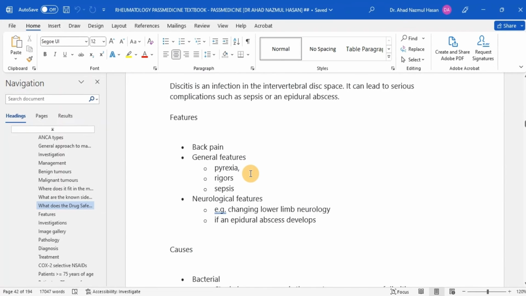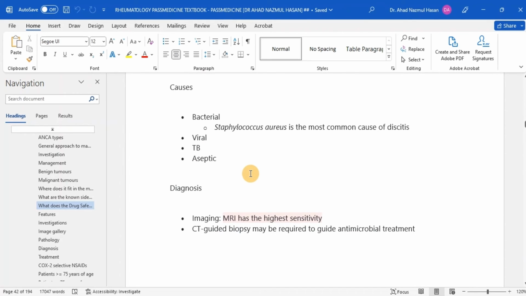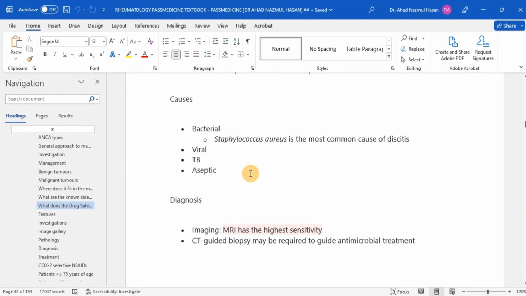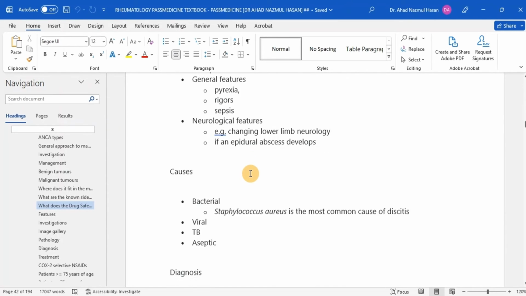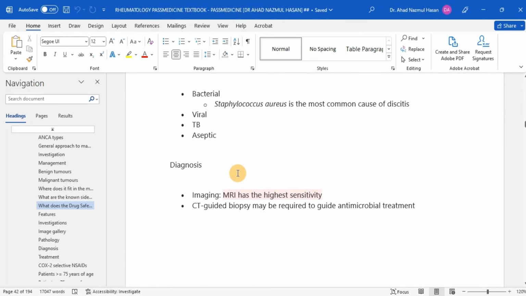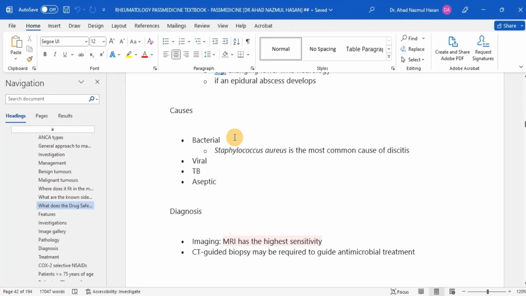And for confirmatory diagnosis, we need to go through the MRI, and the MRI will detect the Discitis. In the MRI, we'll get the involvement of the vertebral body, intervertebral space, as well as increased T2 signal intensity. And in some cases, they may also give some clues regarding the infection or something called the epidural abscess.